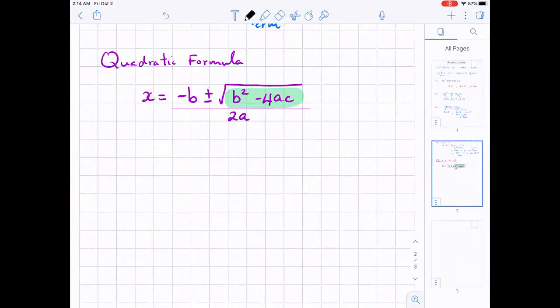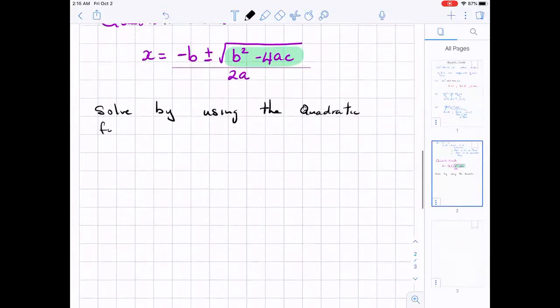Okay. So suppose I say solve by using the quadratic formula, and I tell you we have x squared plus 5x plus 6 is equal to 0.